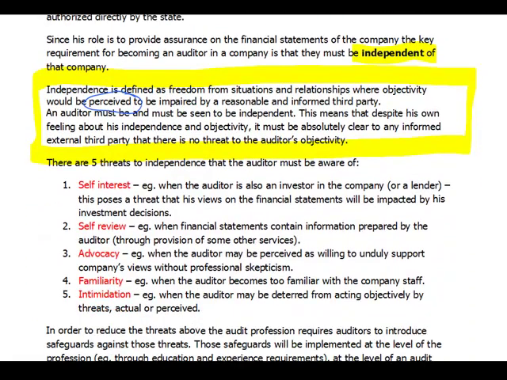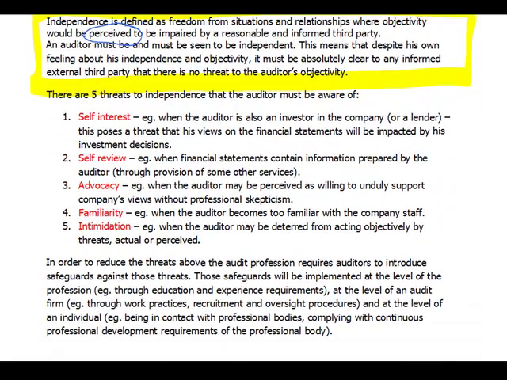The International Federation of Accountants defines 5 key threats to independence of an auditor. The first one of them is the self-interest threat.